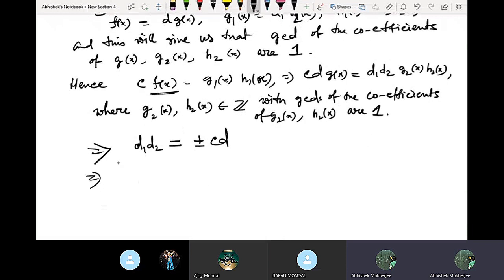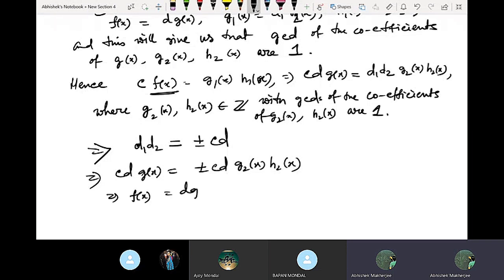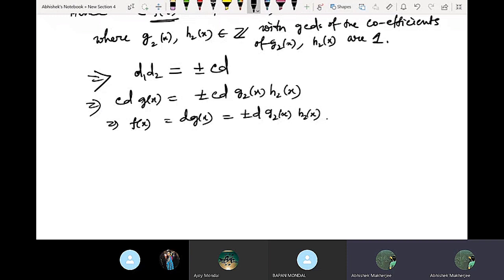And this gives us CDGX equals plus minus CD G2X H2X. That is to say, Fx equal to dgx implies plus minus d g2x, and the converse part is trivially true.